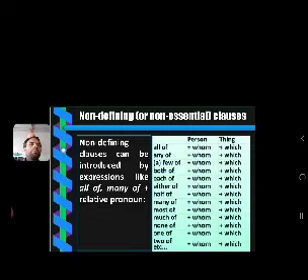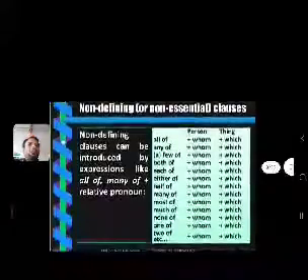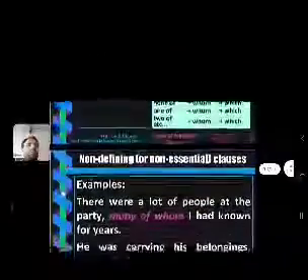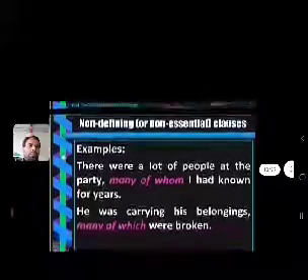Whom and which are for persons or things. Whom refers to persons, which refers to things. So these combinations can be used in non-defining or non-essential clauses.